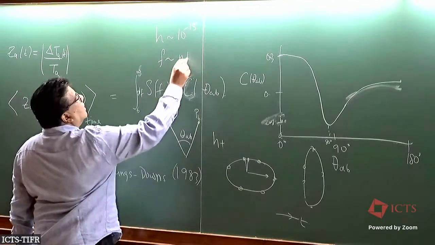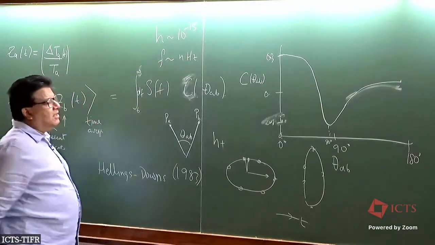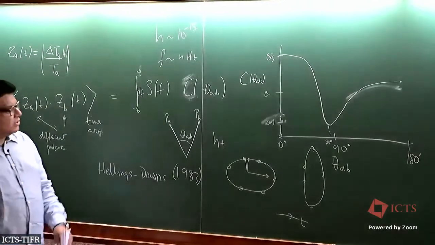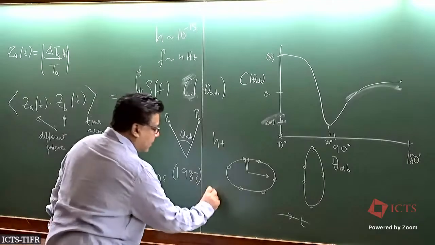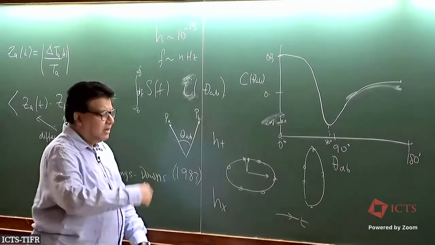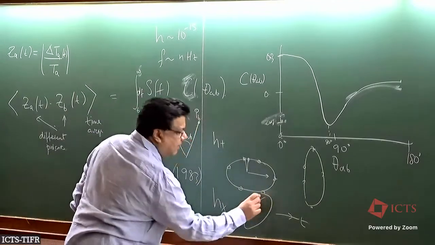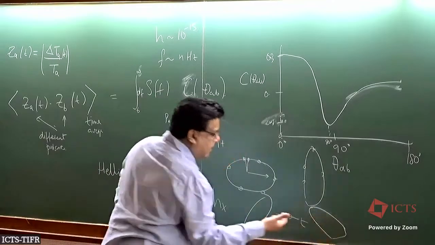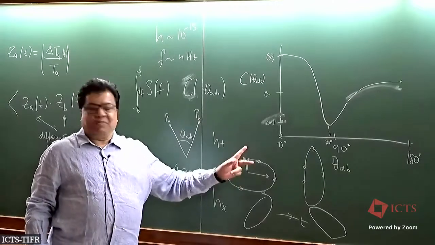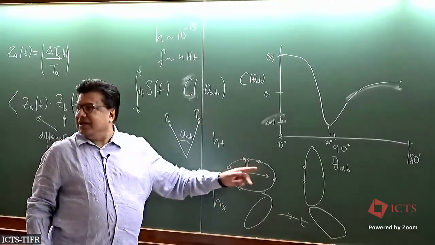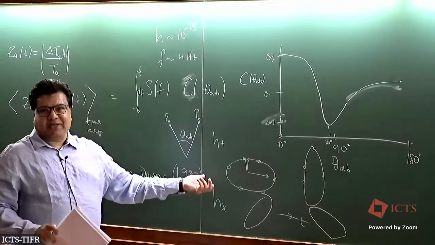The frequency is nanohertz. So in this range, if you have produced gravitational wave, so this was plus polarization, but the cross polarization is just a 45-degree rotation of the same thing. And when you are talking about this cross correlation, when you have a rotation, it's the same story.